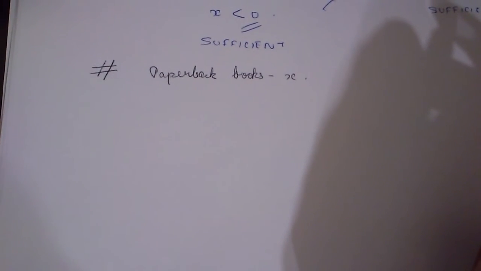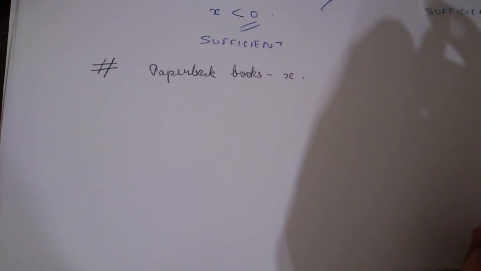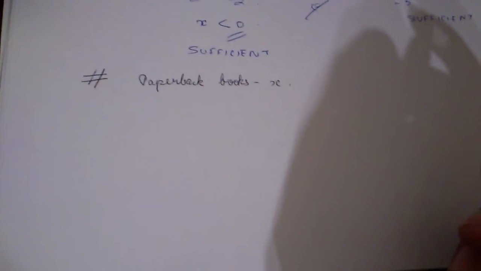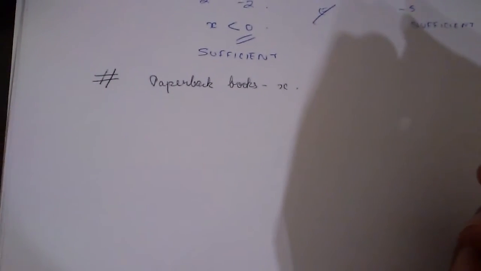Okay, now let's find out how we are going to solve this question. This question tells us that there are some paperback books being sold and some hardcover books being sold. So let's consider that the value of a paperback book is x and the value of a hardcover book is y.